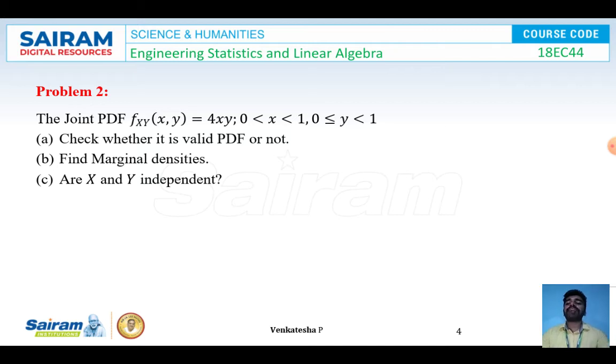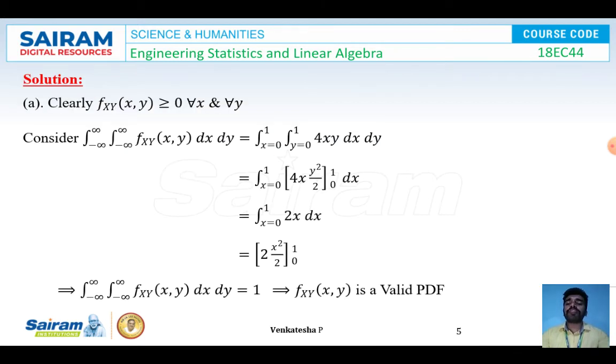Since the given function is 4xy with the limit 0 less than x less than 1 and 0 less than or equal to y less than 1, we can say the joint PDF function is positive for all the values of x and for all the values of y. The first condition got satisfied. So next I am taking the double integral over the limit minus infinity to plus infinity.